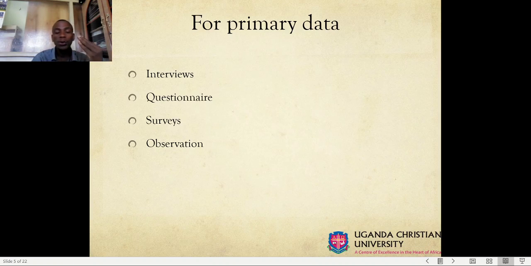There are various ways we design questions, the commonest being the use of Likert scales. You can read more about Likert scales. They're used a lot when designing questionnaires, where you put a level of agreement: strongly agree, not sure, disagree, strongly disagree.